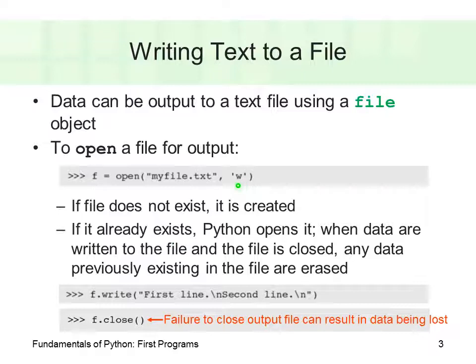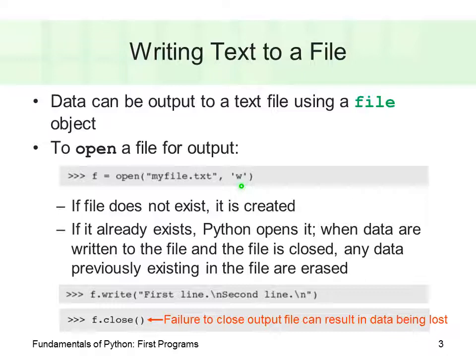So what we're saying when we write to a file is either we're creating a new file, and this is its name, or if this file already exists on your hard drive, your flash drive, whatever, then we're saying go ahead and overwrite any of the previously existing data on that file.